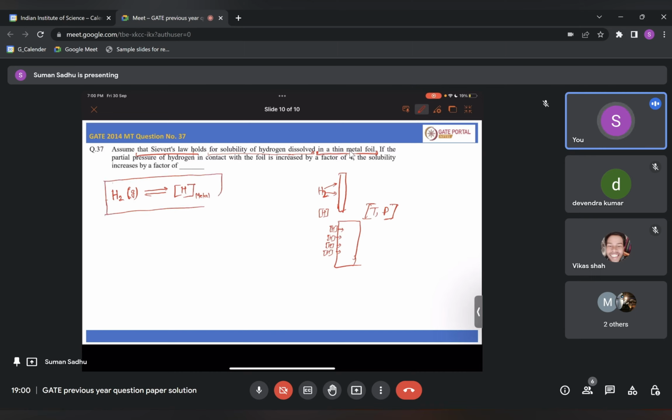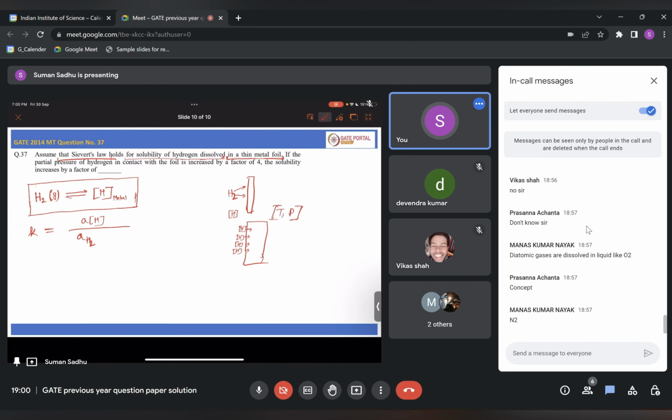Now I think every one of you knows how to write the rate constant K of this chemical reaction. It will be the activity of the product by the activity of the gas, right? So up to this you can write even if you don't know Sievert's law.